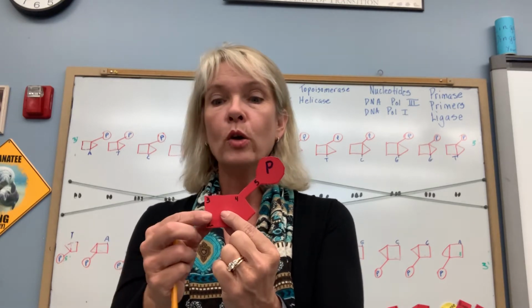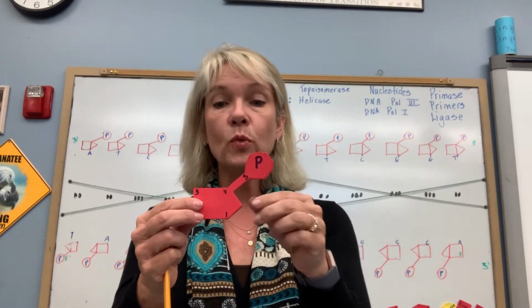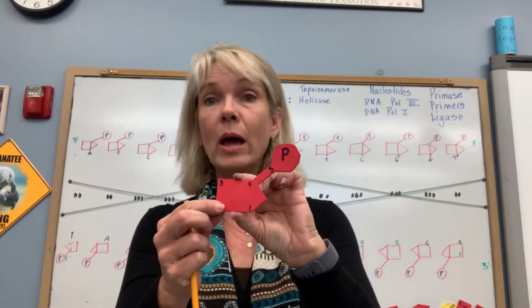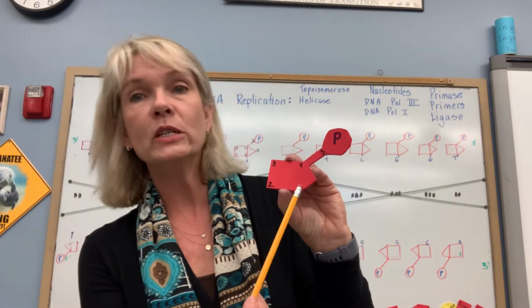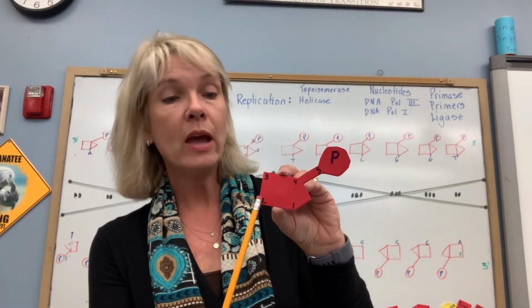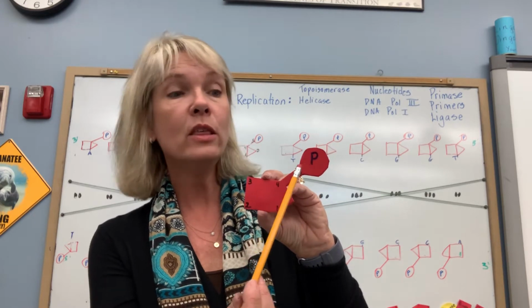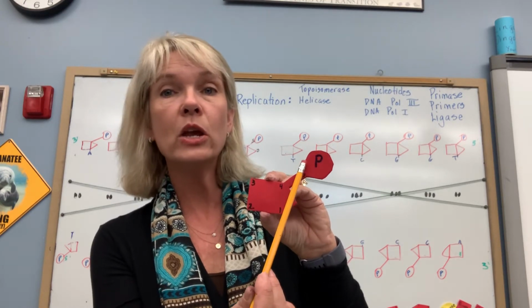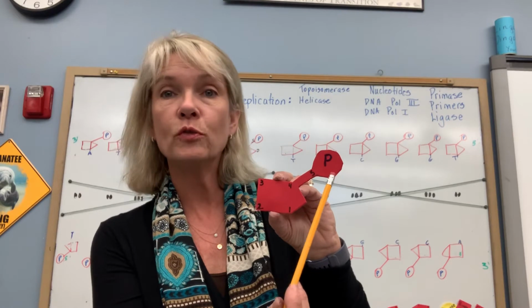You may be wondering, what is the number 1 position? Well, the core of this lesson is based around this 5-carbon sugar, deoxyribose. The carbons are in very specific orders. The number 1 carbon is always here and always attaches to the base. We have the 2 position, the 3, the 4, and then the 5 carbon is way up here, but that's where it's attached to the phosphate.